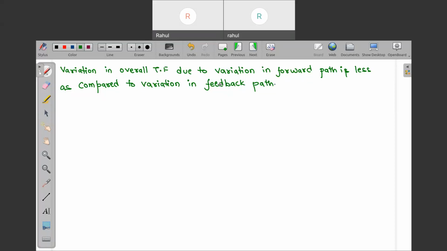So one more statement also you can write, that your closed loop system is less sensitive.